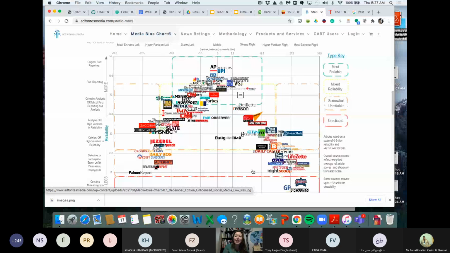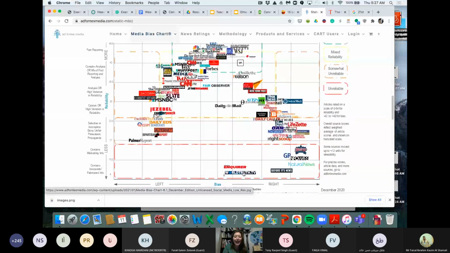But as you can see, even on both sides, you're going to find sources that are completely fabricated and pretty much inaccurate. And if you've been able to follow some of the news here, you've probably seen where looking at sources like that could lead with regard to public consumption of it.